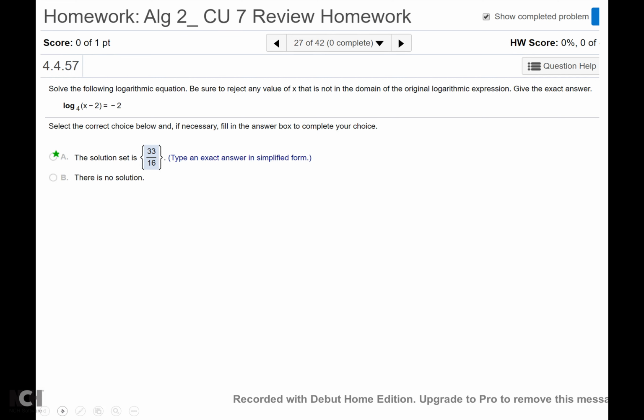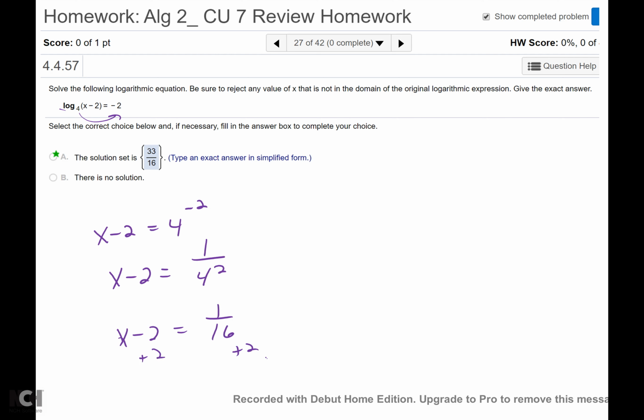Alright, solve the following logarithmic equation. Be sure to reject any value of x that is not in the domain of the original logarithmic expression. Give the exact answer. Alright, so if I roll the log, the 4 shoots over, so I have x minus 2 equals 4 to the negative second. 4 to the negative second is 1 over 4 squared, which is 1 over 16.